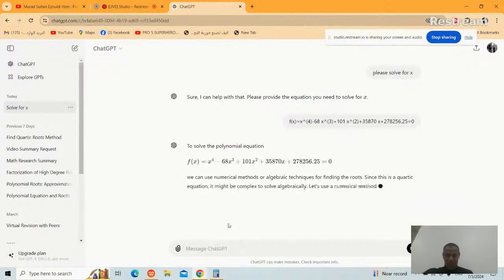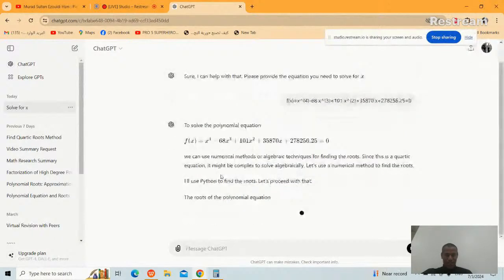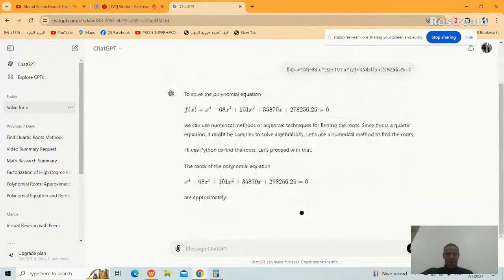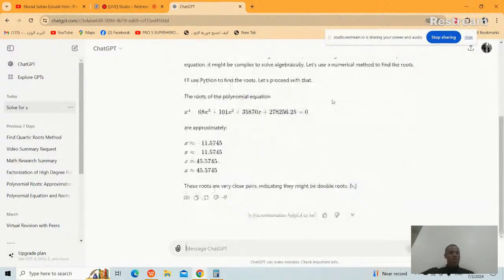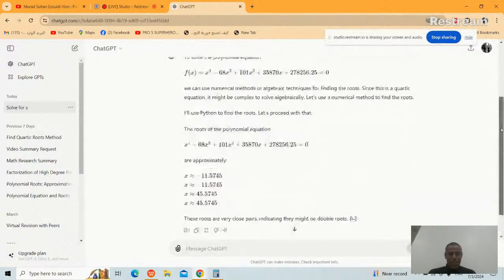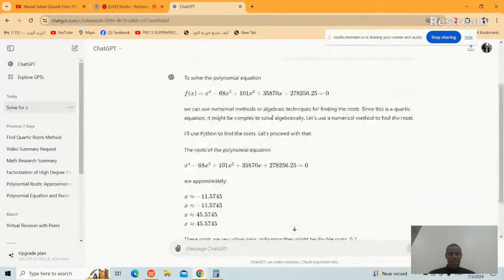You can use numerical methods or algebraic techniques for finding the roots.